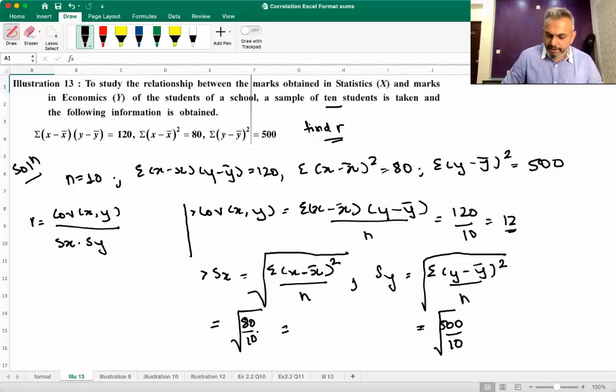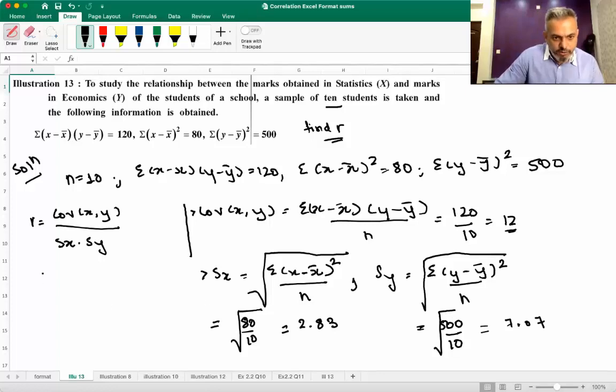So 80 by 10 is equal to 8, under root 2.828, so 2.83, and over here 500 divided by 10, under root, 7.07.